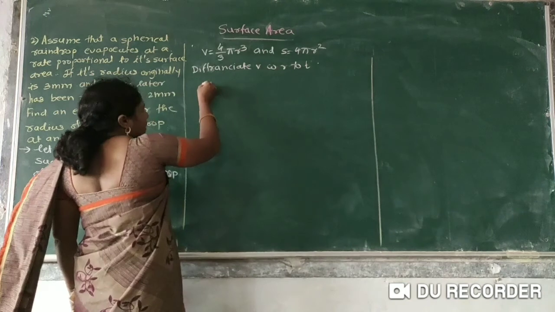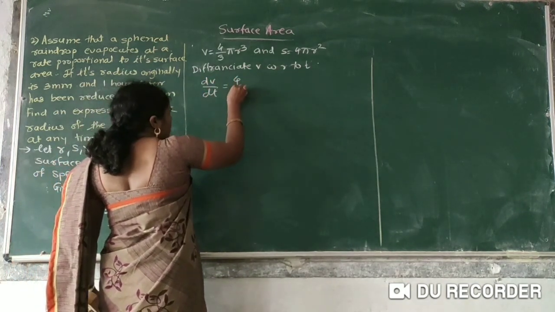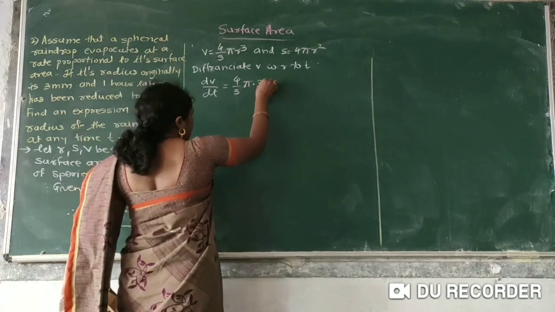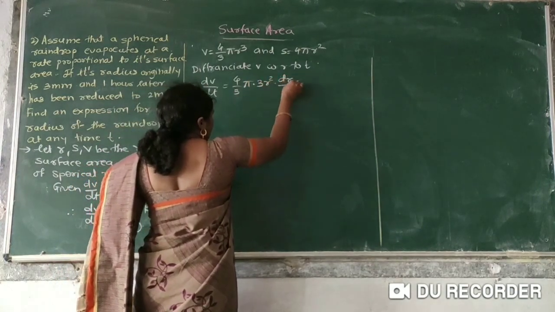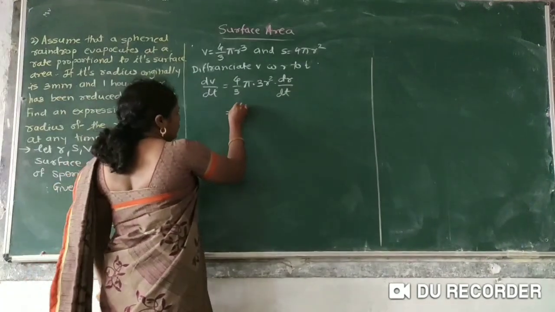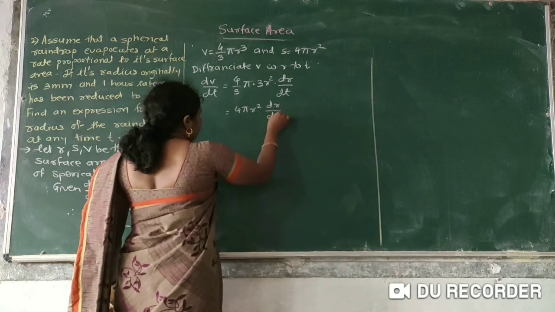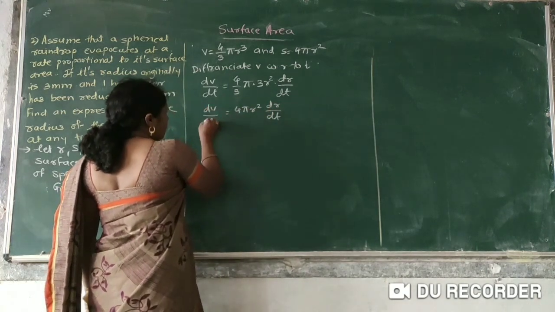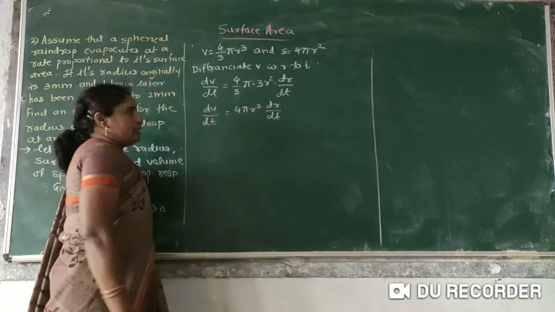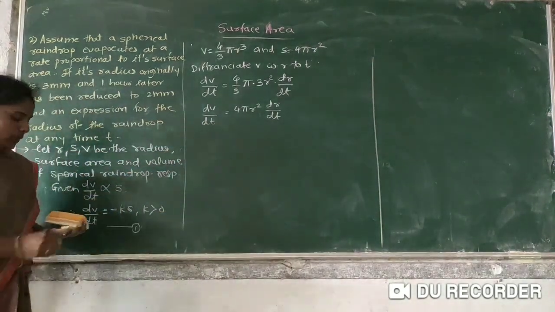We get dV/dt = 4/3 pi into 3 r squared into dr/dt, that is equal to 4 pi r squared dr/dt.